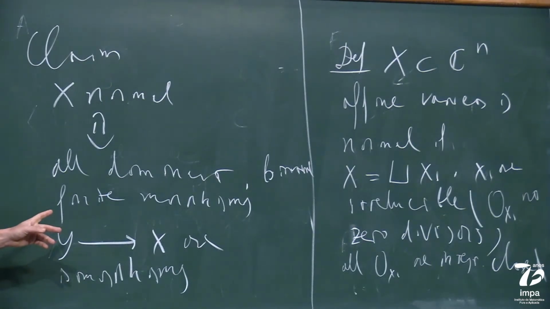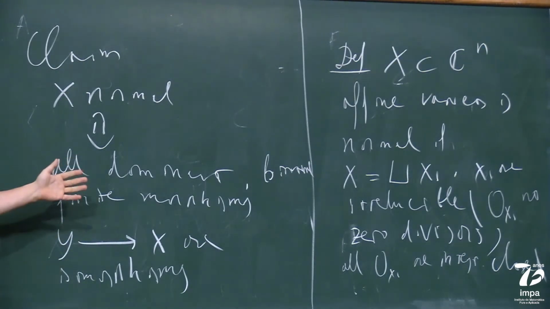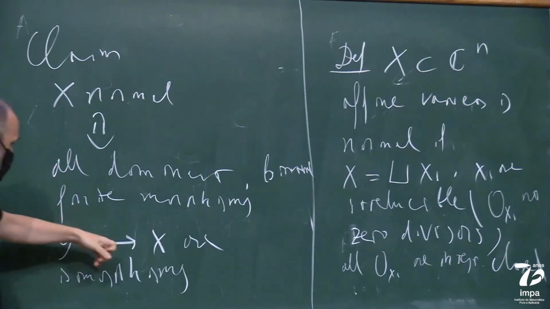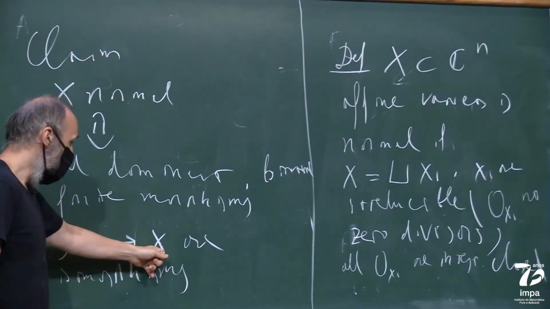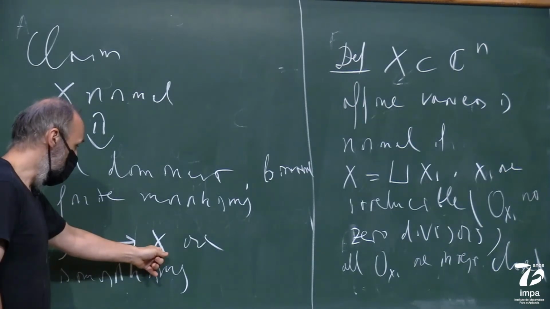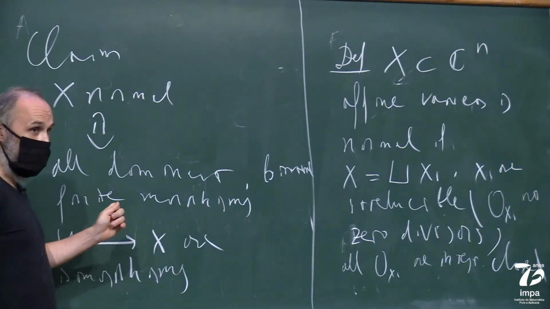Dominant means that the corresponding morphisms of rings are injective.